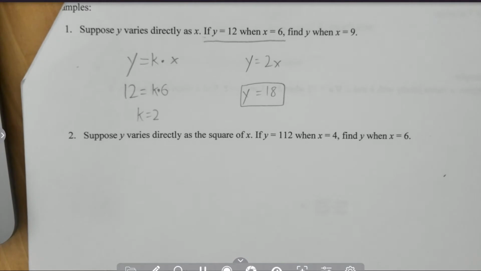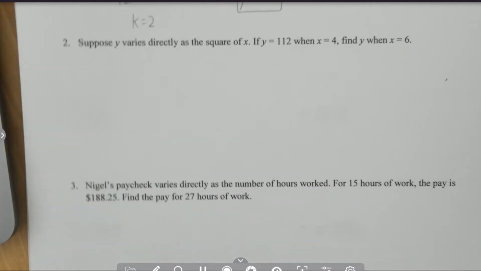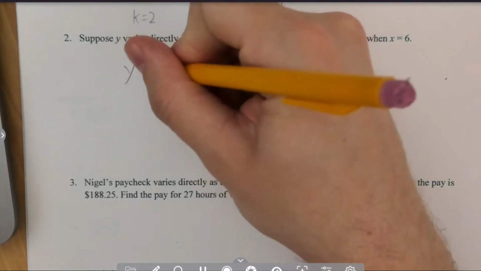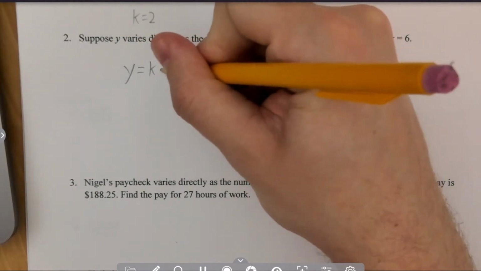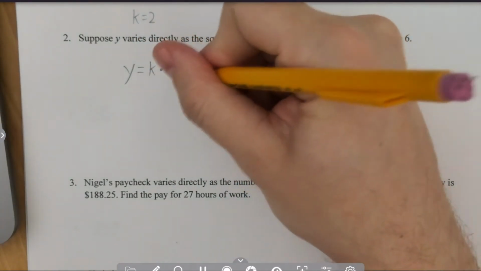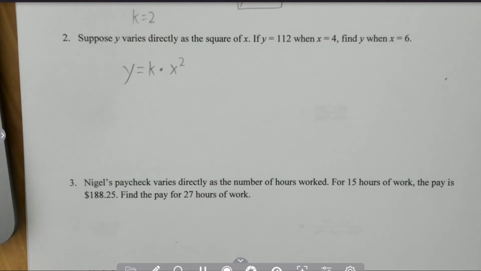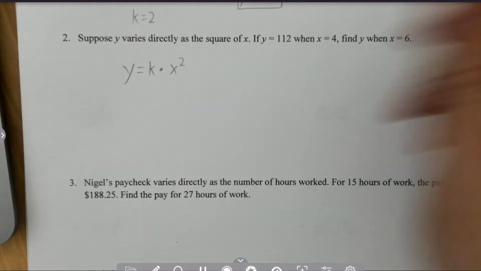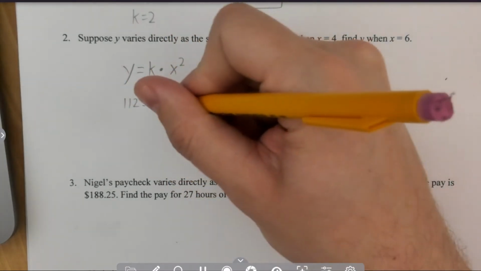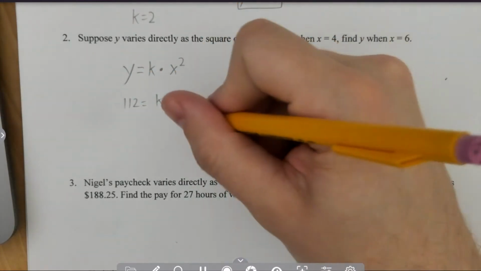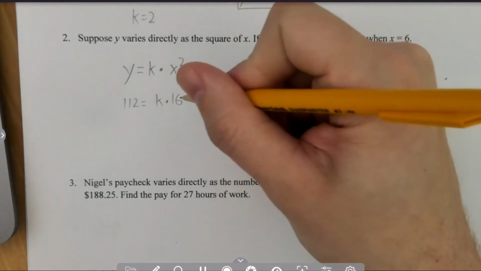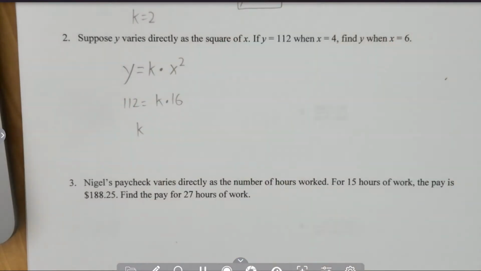Let's go through a few more of those. Got some extra wording here. It says y varies directly as the square of x. If y is 112 when x is 4, what is 112 divided by 16?